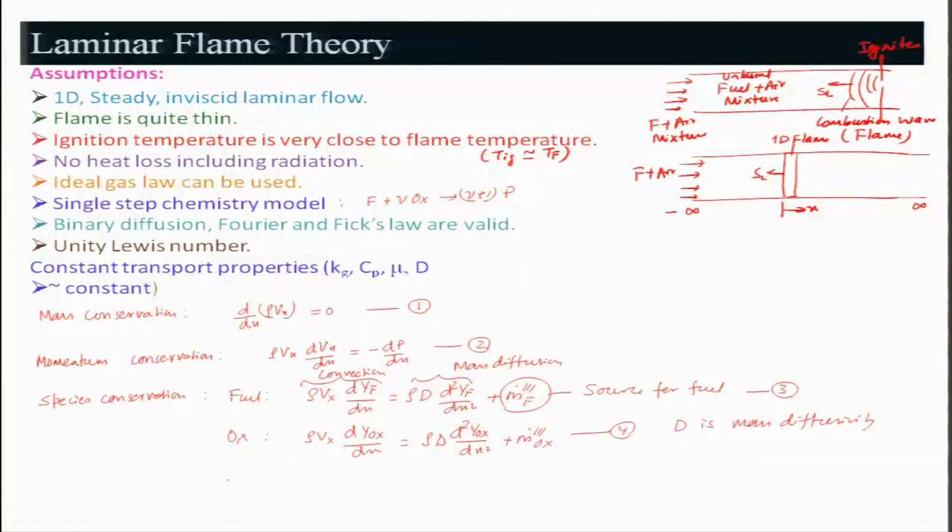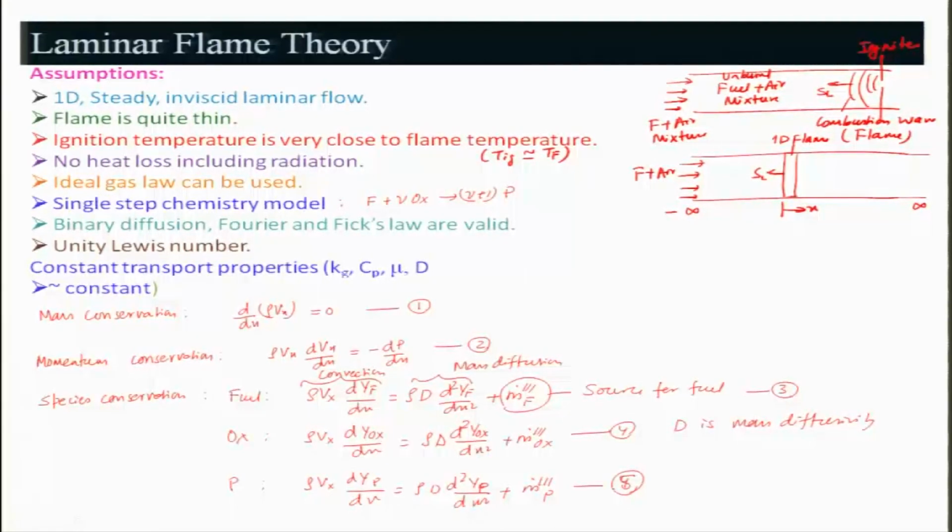And the product will be rho Vx dY product by dx equals rho D d square Y product by dx square plus m dot triple dash product, equation 4 and 5.